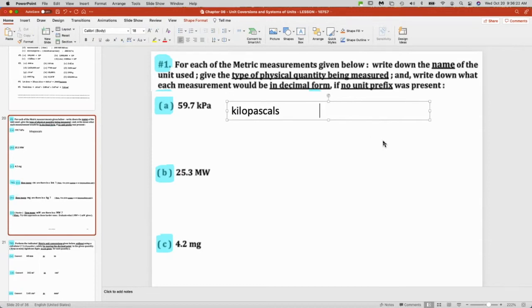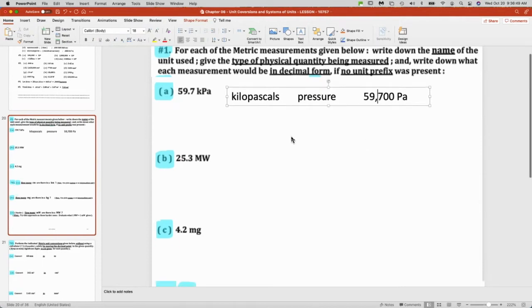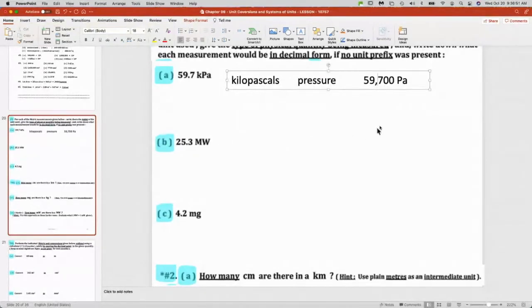Kilopascals measures pressure, and if the K was not there, then you would have 59,700 Pascal. So that's what the question's asking you to do. If you like, try the next one on your own and see if you get the same as me on the screen eventually.